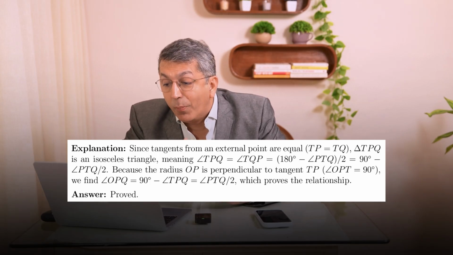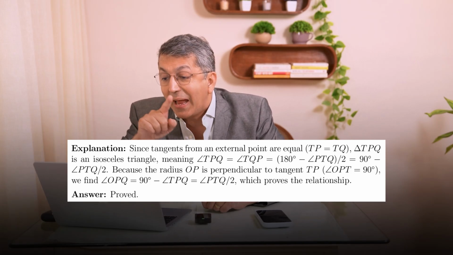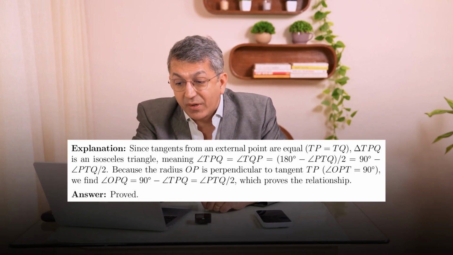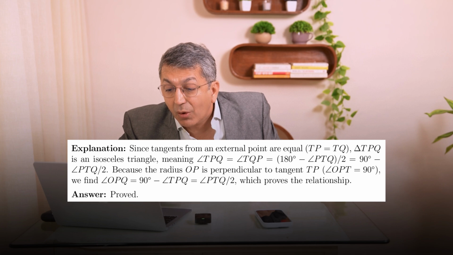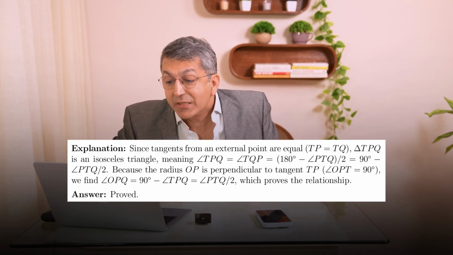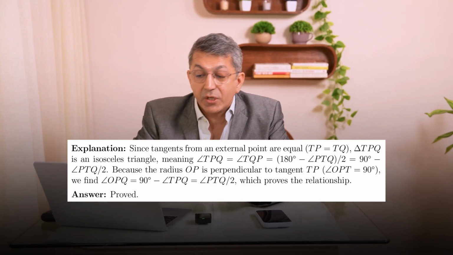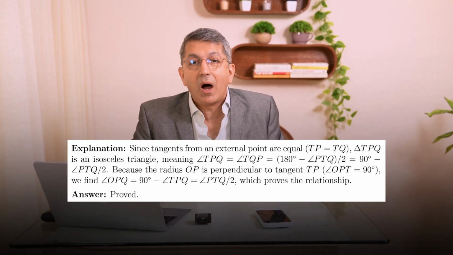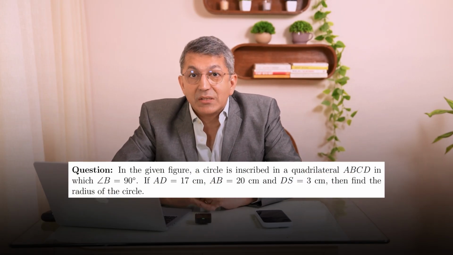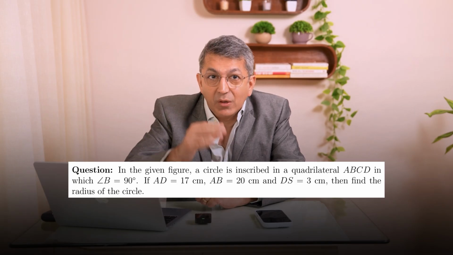Because the radius OP is perpendicular to tangent TP, (angle OPT is equal to 90 degrees), we find angle OPQ is equal to 90 degrees minus angle TPQ is equal to angle PTQ divided by 2, which proves the relationship. Answer: proved.